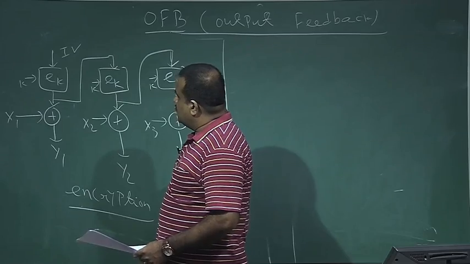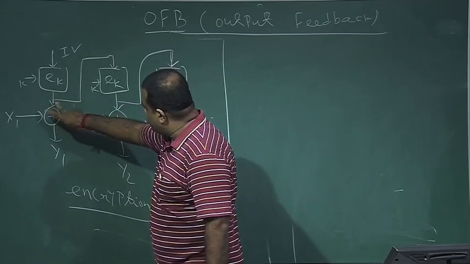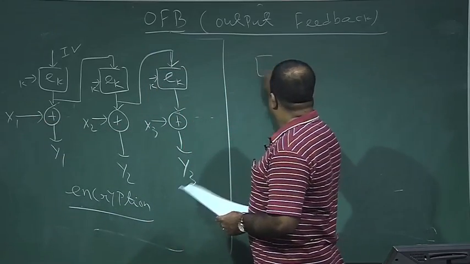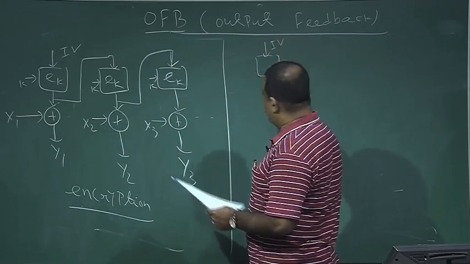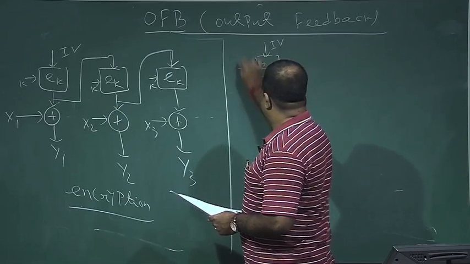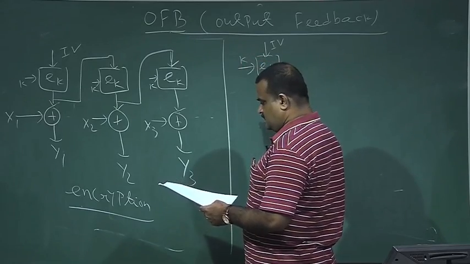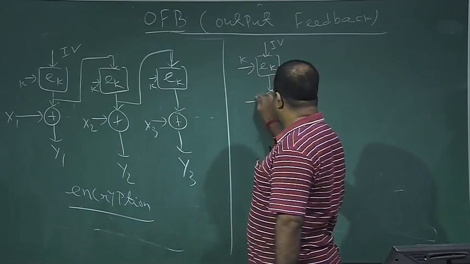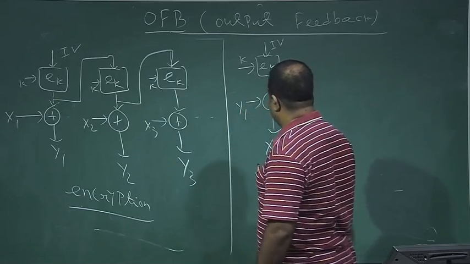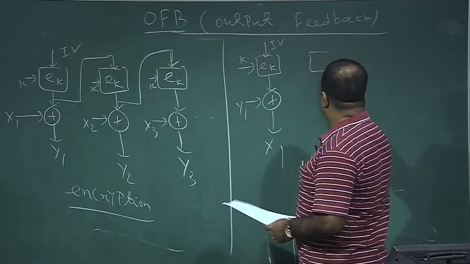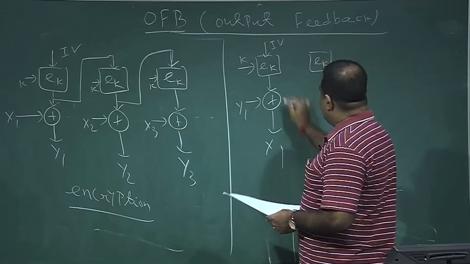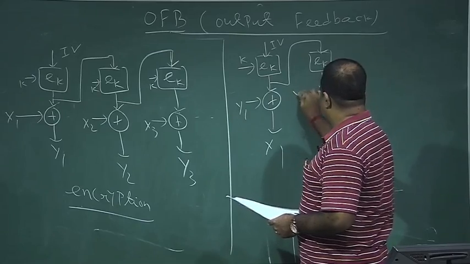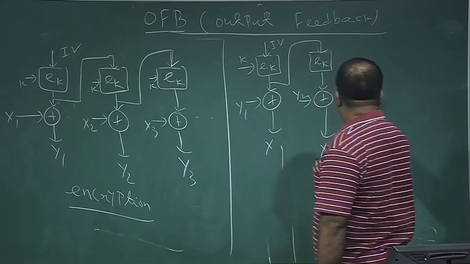We have to again encrypt the IV using the same key, and then if we XOR this with Y1 we will get X1. Similarly this is EK, and this we keep here, and this will XOR with Y2, we will get X2 and so on.